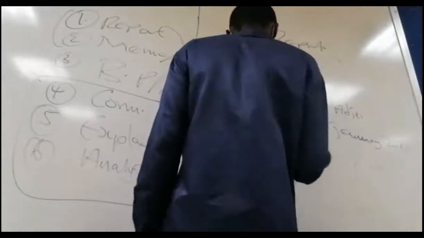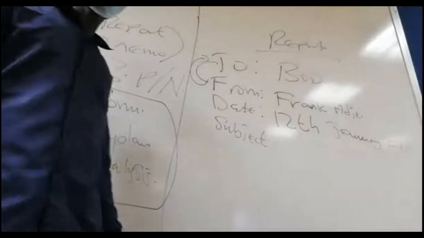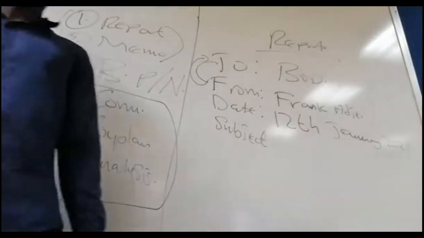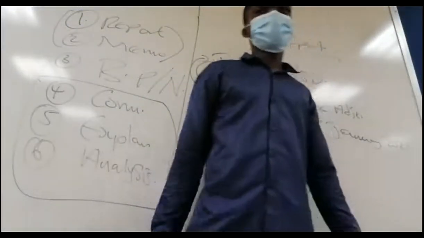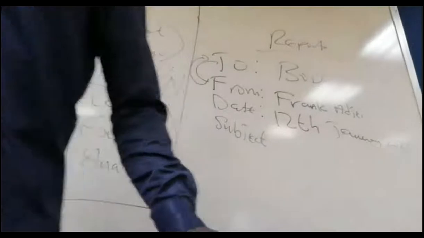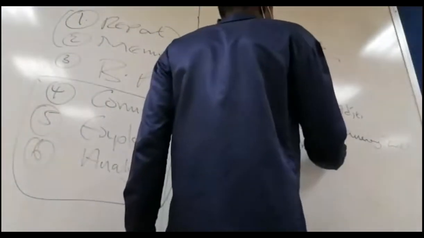Then you go to subject. Yes, subject, just summarize the requirements. The requirements say write a report to analyze the performance of Akwesi Papa. So analysis of performance of Akwesi Papa, or performance analysis of Akwesi Papa.